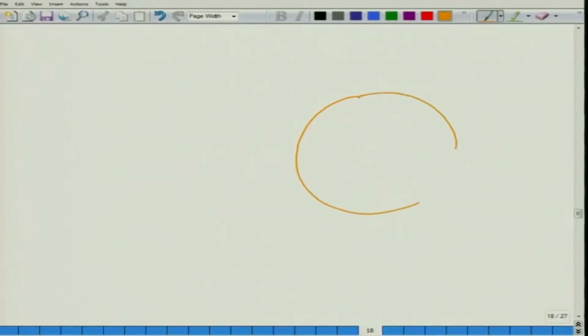The next solid figure is a sphere. Similar to a circle, a sphere consists of a center O, and it consists of all the points that are at the same distance r from the center in 3 dimensions. As in the case of a circle, here also we can define diameter as twice the radius.